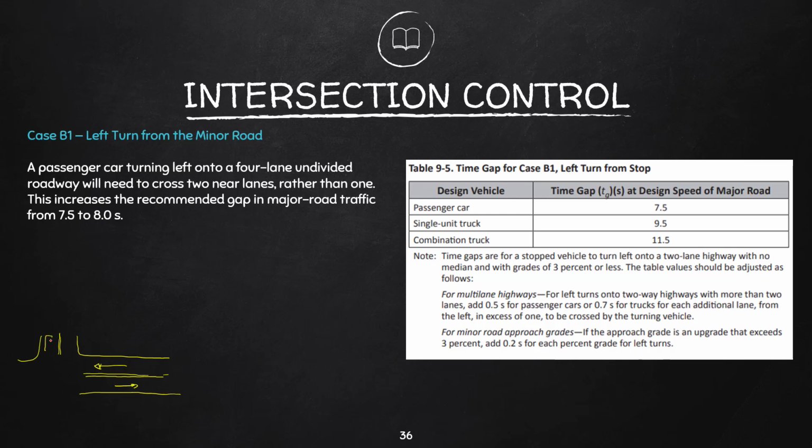If the car from here will move to the left, it will follow this line, and it needs to pass through this one lane and one half of this, of course. So for 4-lane highways, let me draw it again.